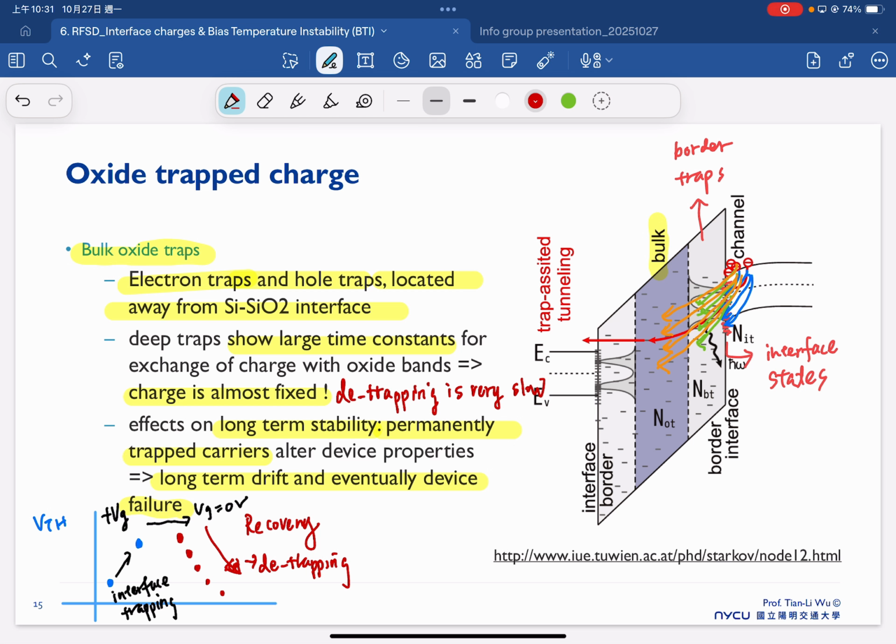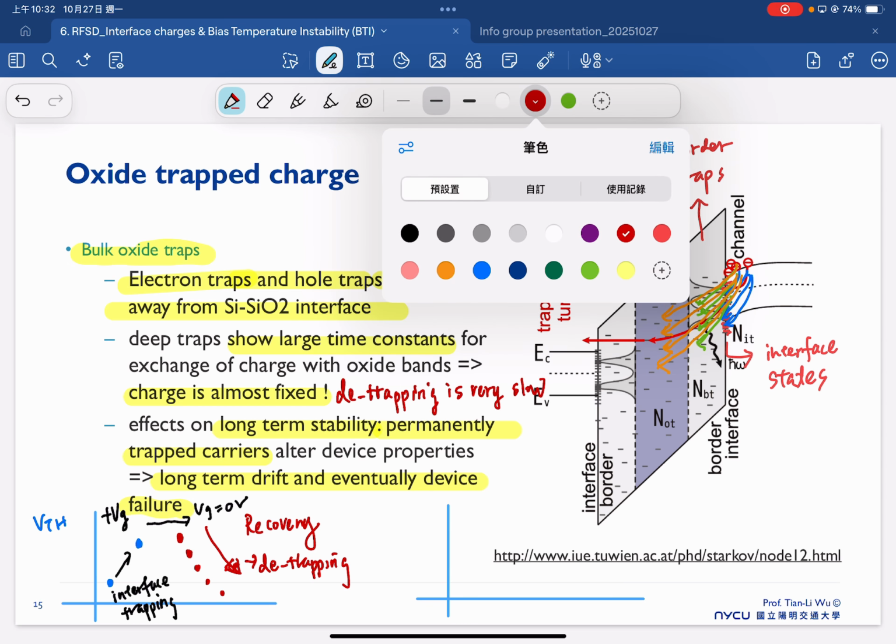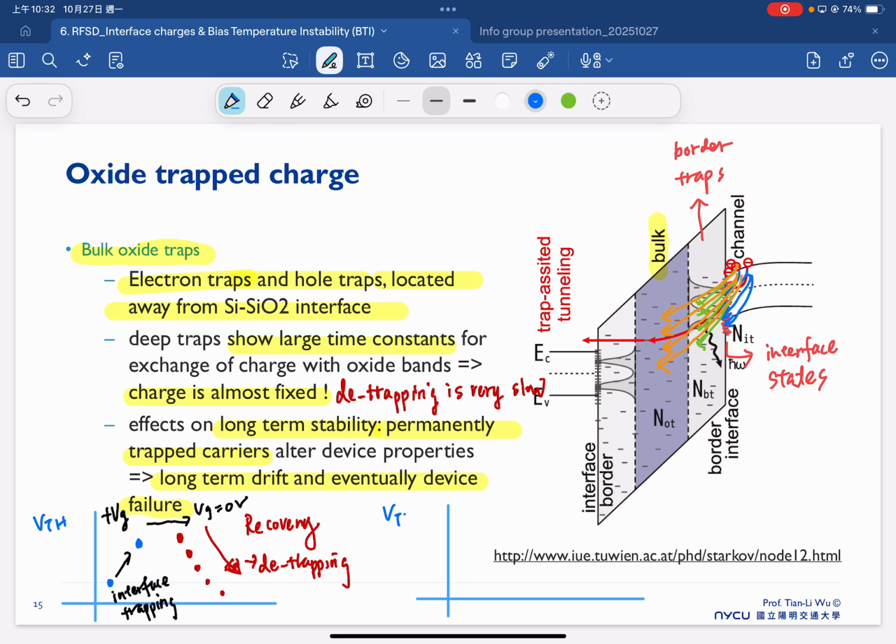So this is what happens for the shallow, interface trapping. On the other hand, if we consider the same case, the threshold voltage with respect to time.